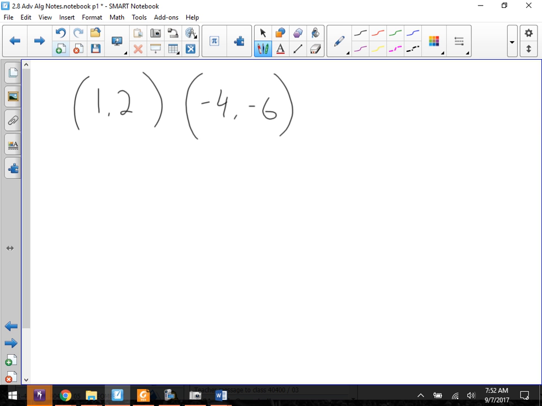Change in y over change in x, y2 minus y1 over x2 minus x1. So you can change y: negative 6 minus 2, over negative 4 minus 1.